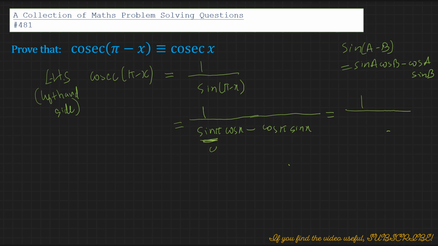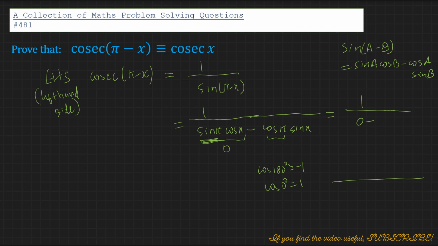Now sine pi we know is 0, so this sine pi cos x would be 0, and we are left with 0 minus cos pi sine x. Cos pi, that is cos 180 degrees, is minus 1, while cos 0 degrees is 1.